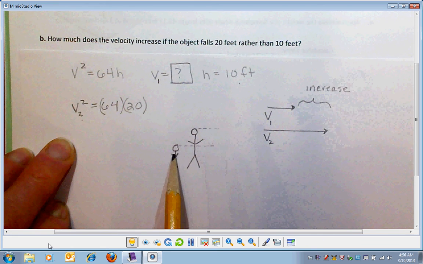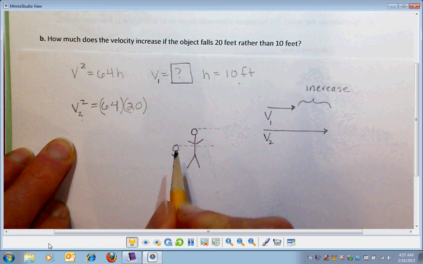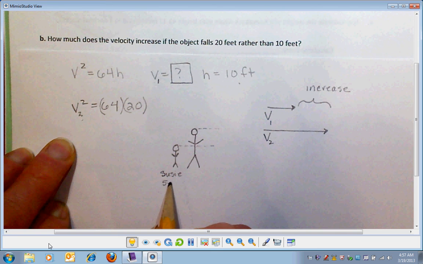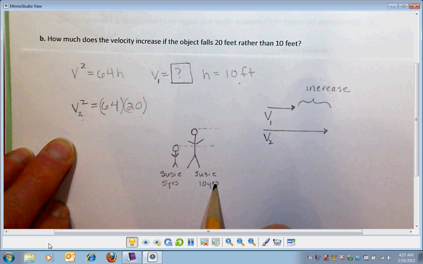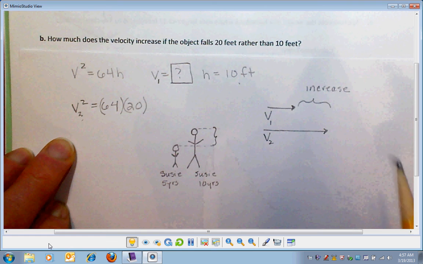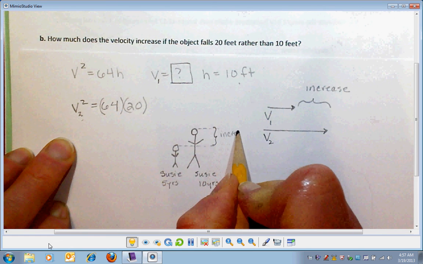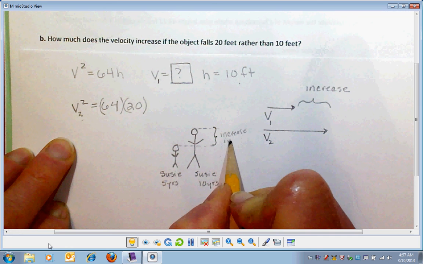Maybe this is Susie when she was 5 and this is Susie when she's 10. So this is Susie at 5 years and this is Susie at 10 years. How much did she grow? That would be her increase in height.